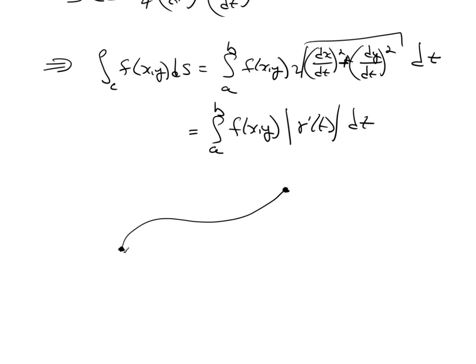But as long as t goes from a to b and I travel the path of the curve only once, then the parameterization chosen is irrelevant because the distance you're traveling is the same.